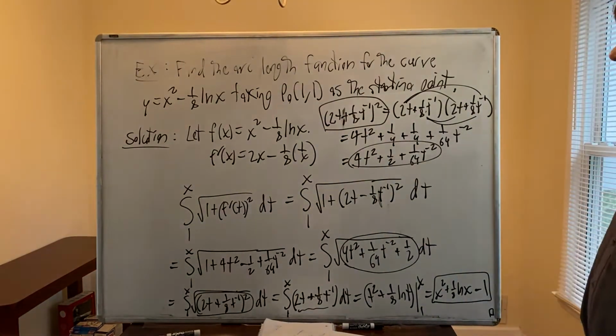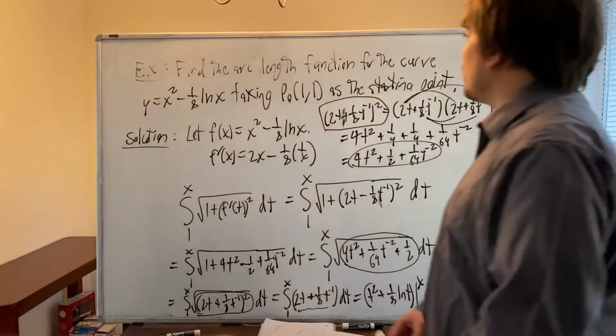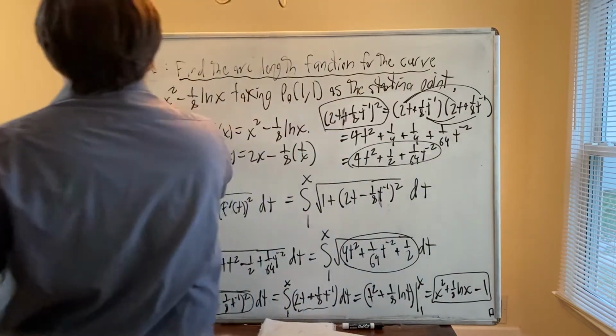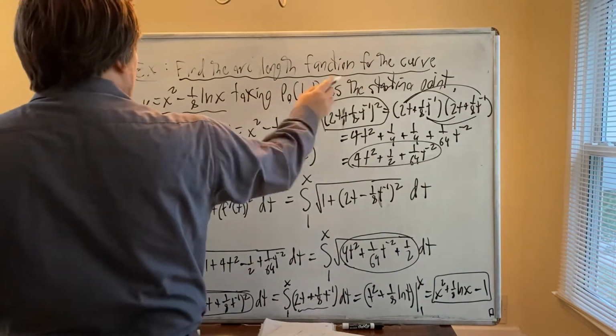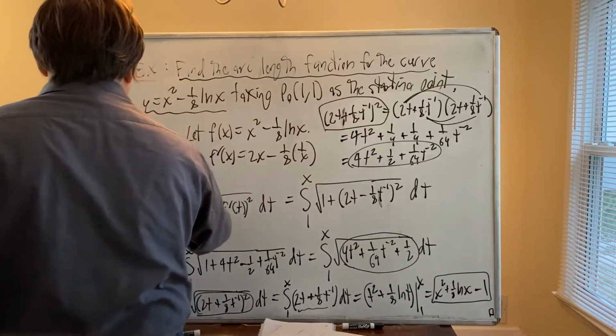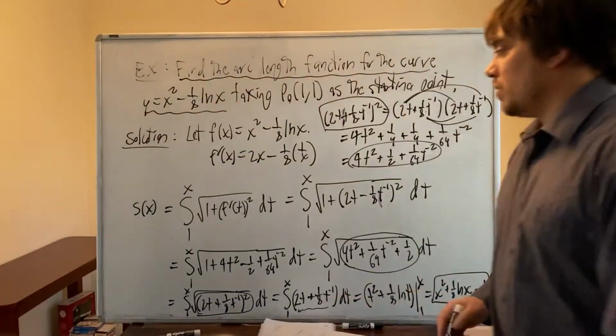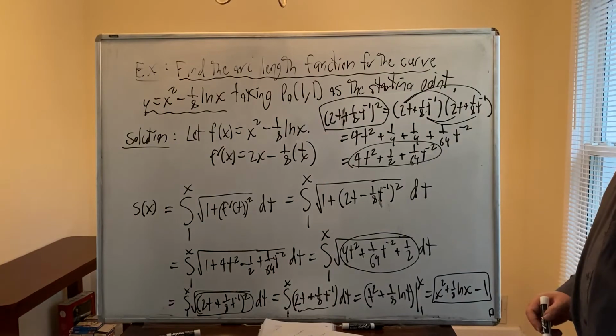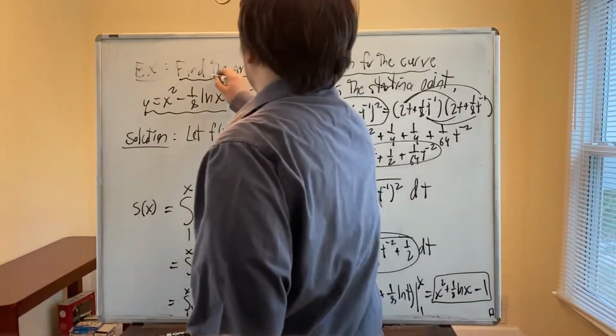So we wanted to find the arc length function for the curve y with P0 as the starting point. That is s of x here. S of x is equal to that, which is that, and so we found the arc length function.